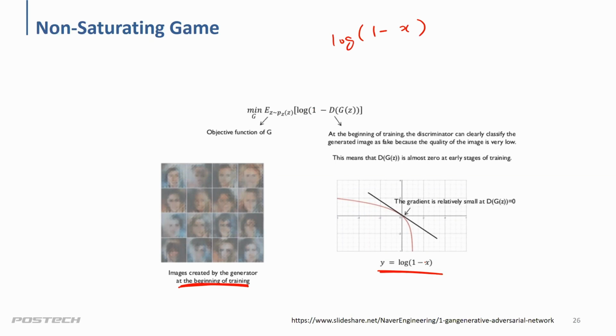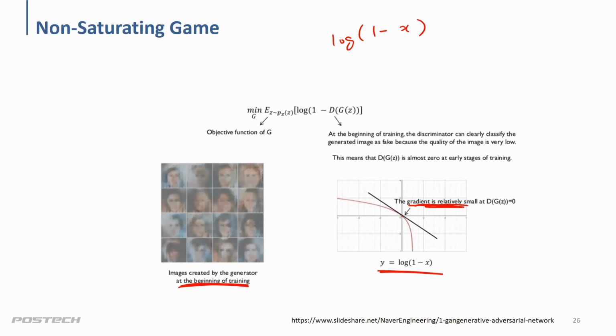If you plot this, at the beginning the gradient is relatively small. We're gonna use backpropagation as a gradient descent method, so if this gradient is relatively small, the learning process is gonna be very slow, right?